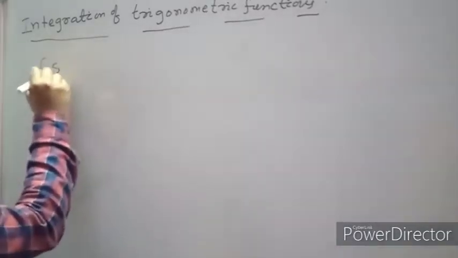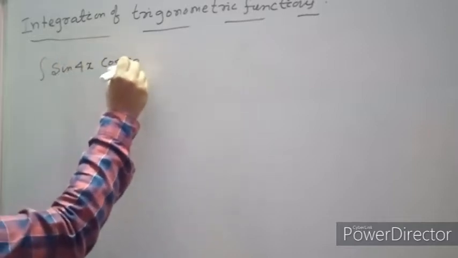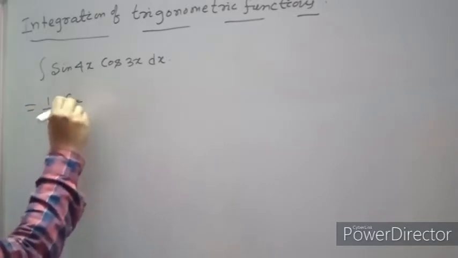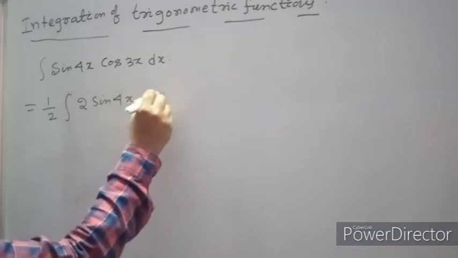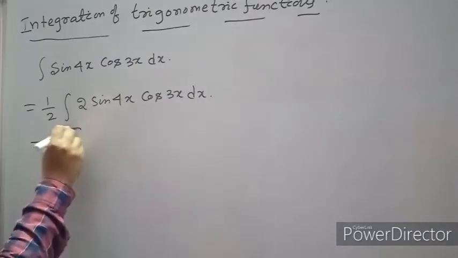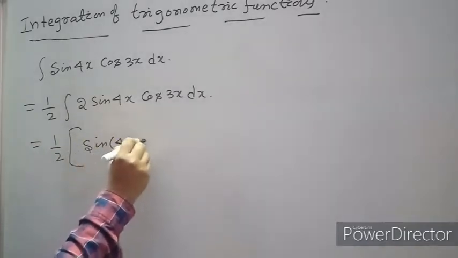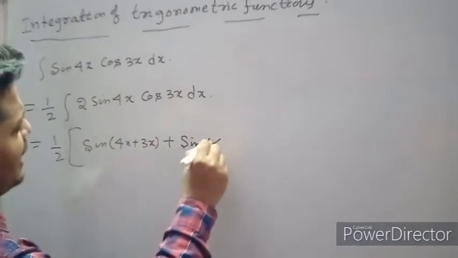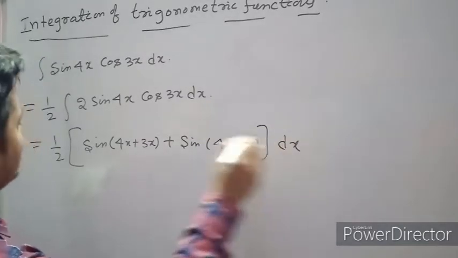Integration sin 4x cos 3x dx is equal to half integration 2 sin 4x cos 3x dx. Half, this can be written as sin of (a plus b), that is 4x plus 3x, plus sin of (a minus b), that is 4x minus 3x, dx.